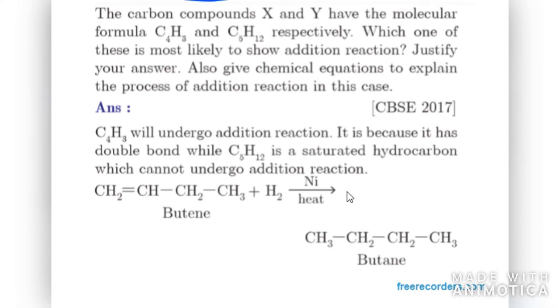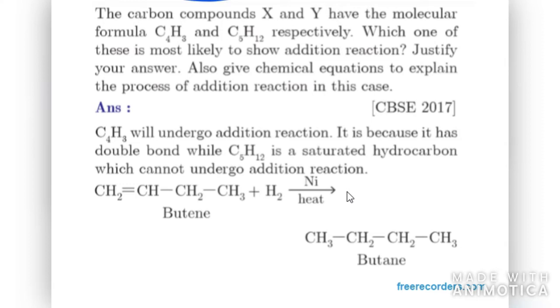It says the carbon compounds X and Y have the molecular formula C4H8 and C5H12 respectively. Which one of these is most likely to show addition reaction? Justify your answer. Also give chemical equations to explain the process of addition reaction in this case.